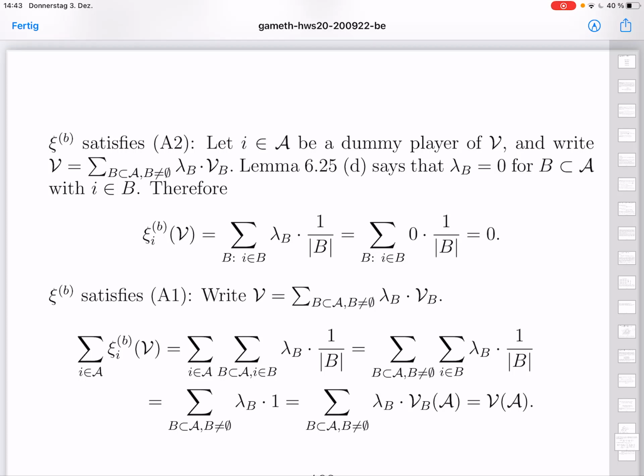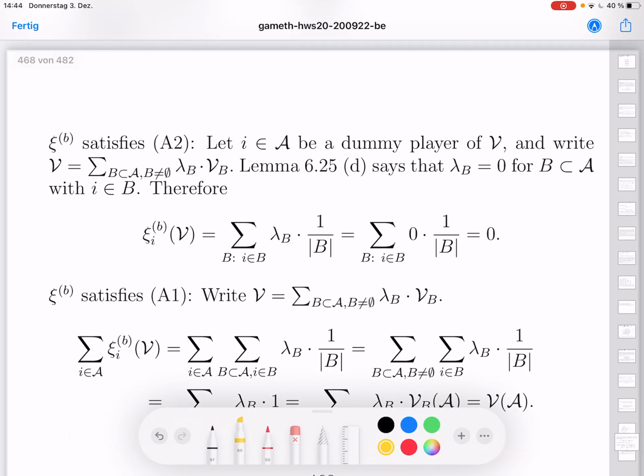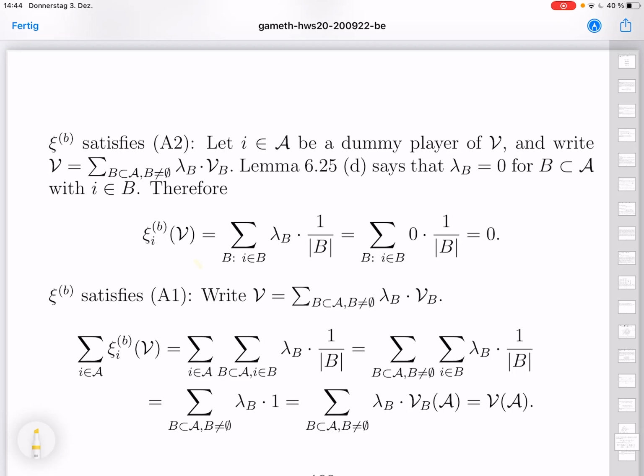And now we use lemma 6.2.5d from the last video that said that all the coefficients lambda b are equal 0 if b contains the dummy player I. In the last slide we had seen this formula here. And here we see the coefficients lambda b, but only for b with I an element of b, and they are all 0. Therefore, the result is 0. So the Shapley value has the entry 0 for any dummy player I.